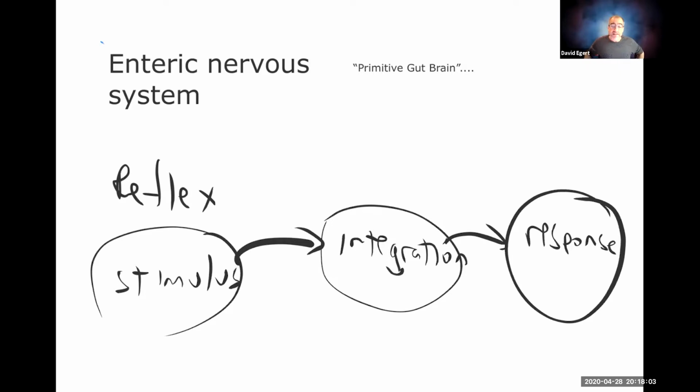And we've always been thinking about the CNS as being the thing that integrates, that figures out what the response is going to be. But it turns out in the digestive tract, you have a couple of neural networks that also do integration and will take care of basic digestive processes without using the brain. So let me introduce them to you.